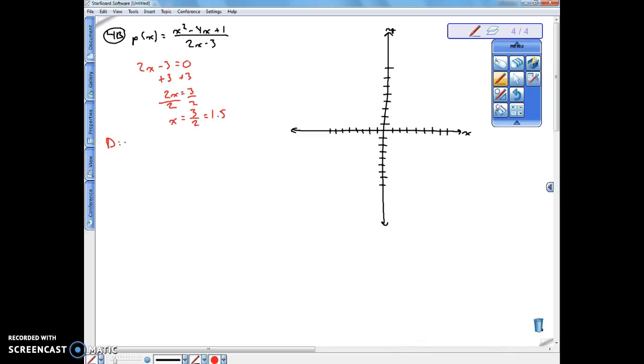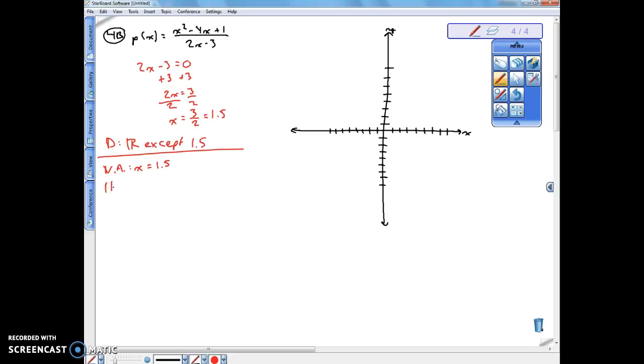So my domain is going to be all real numbers except 1.5. Which also makes me think there's going to be a vertical asymptote at x equals 1.5.